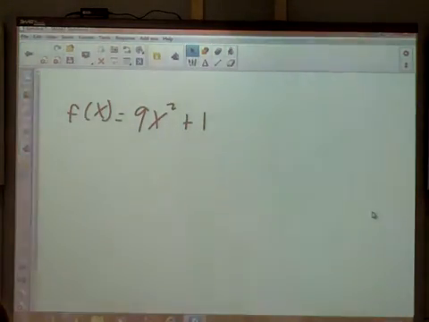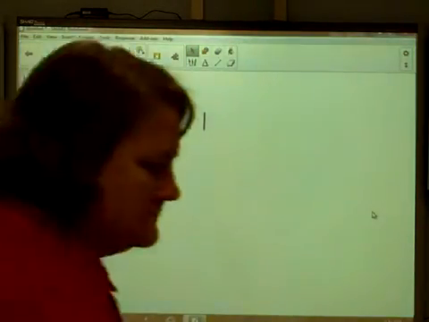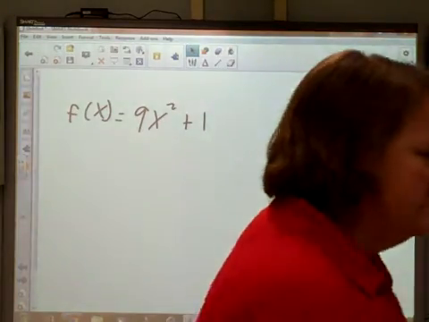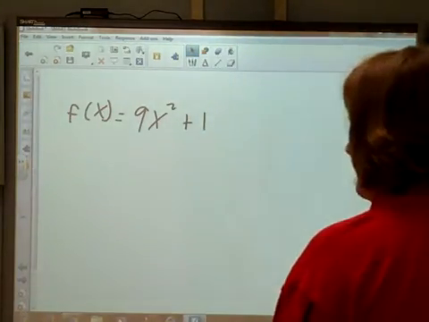Set it to negative 1 over 9, and that's the square root.